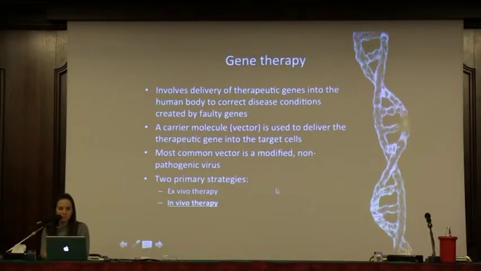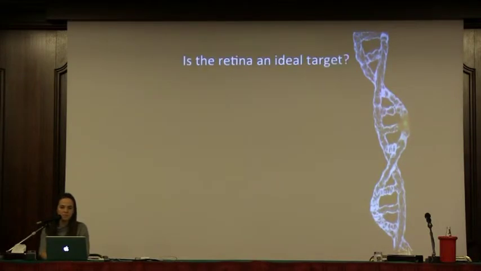There are two primary strategies, ex vivo and in vivo, and of course regarding ophthalmology and regarding the eye, we will do in vivo therapy, so we will treat the cells which are in the retina. Now, why is the retina such an ideal target?